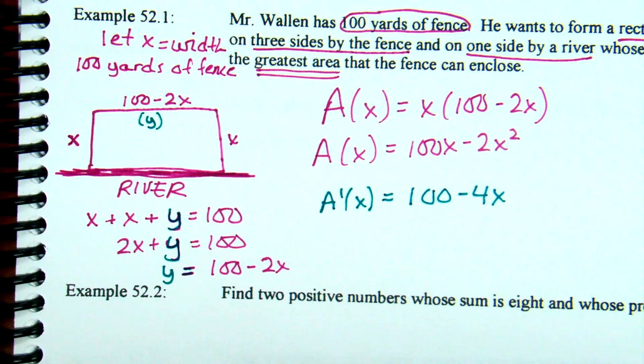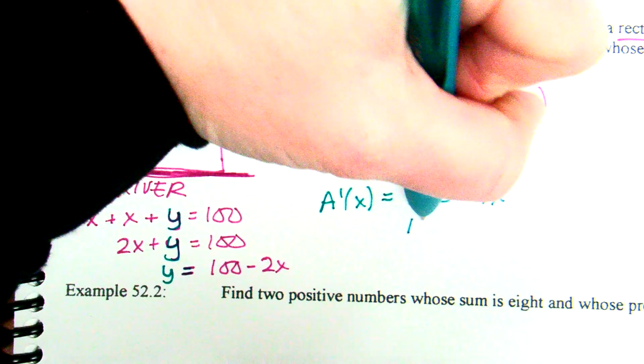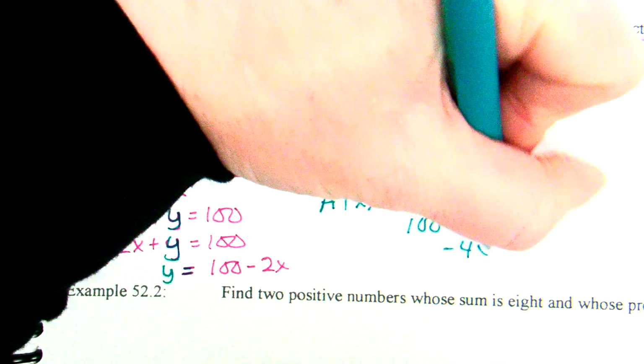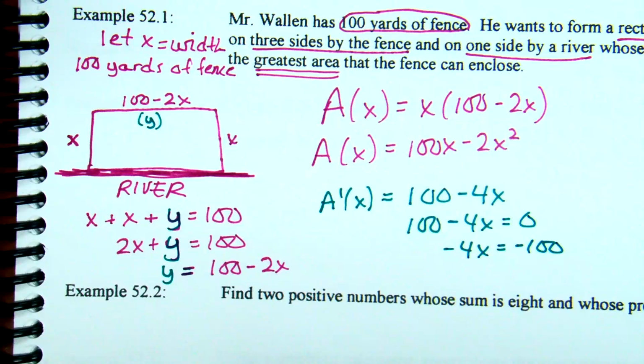How do we find our critical points? Set it equal to 0. So 100 minus 4x equals 0. Solve it. Negative 4x equals negative 100. x equals 25.